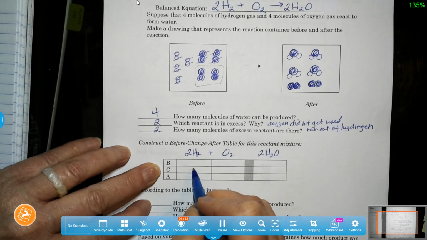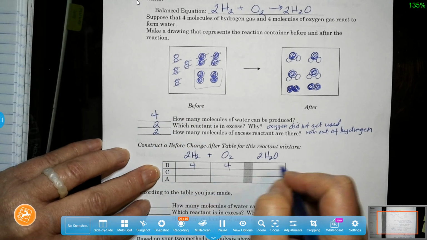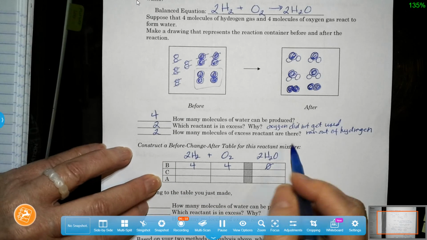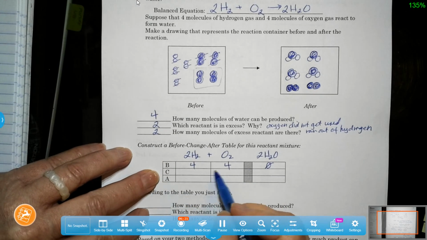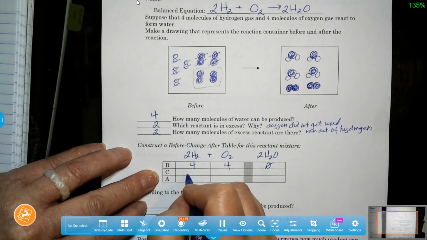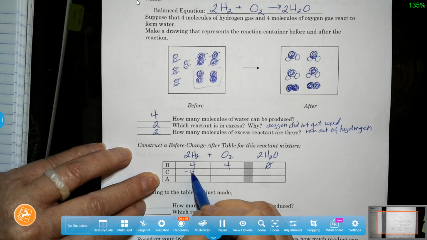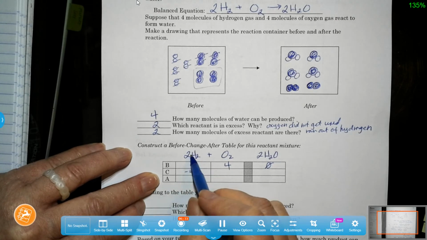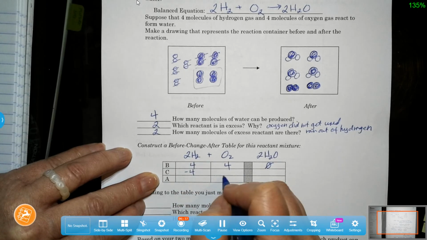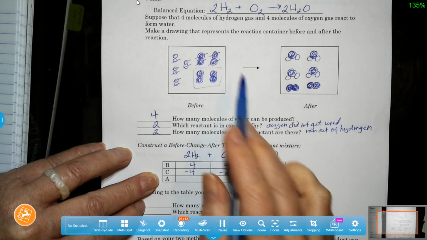Okay, and our before pictures, we had 4 of each, and none of this. Okay, and then our after, or the changes, we used up all 4 of the hydrogen, right, -4. And then if we used up all 4 of this, based on the coefficients here, I should only have used 2 of these. Okay, and is that correct? Yes, I only used 2 of those.